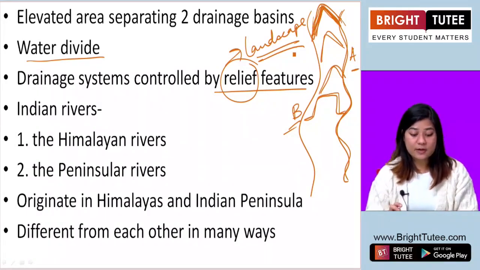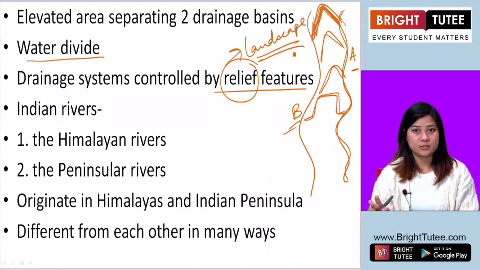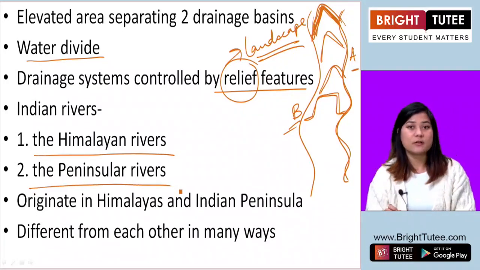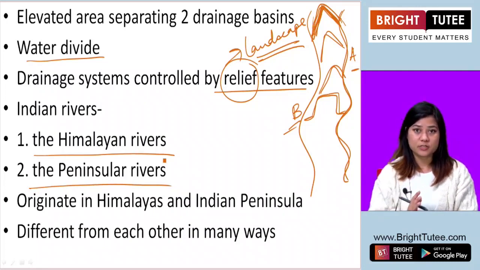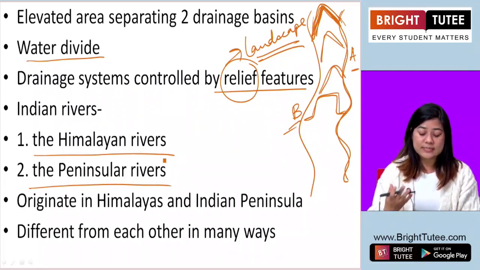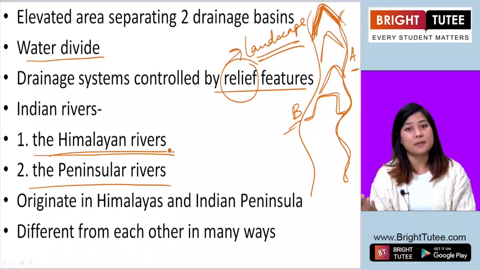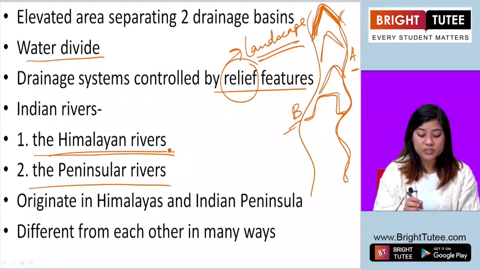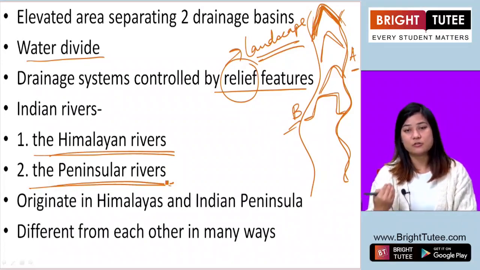Now in India we have two main river systems. They are the Himalayan rivers and the peninsular rivers. Now these are two important rivers. As you can see from the name itself, all the rivers that originate in the Himalayas are the Himalayan rivers, and those rivers which originate in the peninsular part of India are called the peninsular rivers.